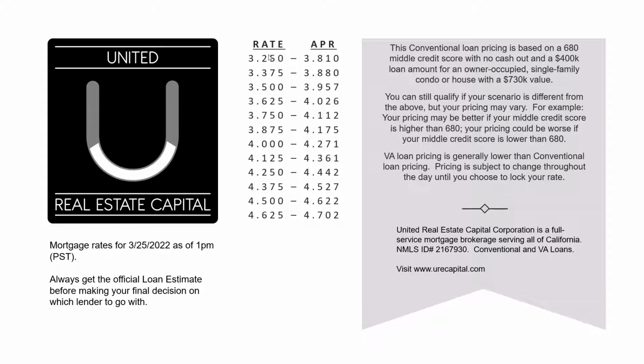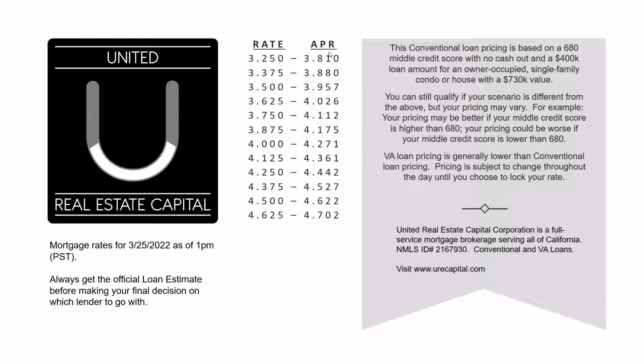So even though we just mentioned that this APR indicates there are a lot more fees associated with this 3.25 rate compared to this 4.625 rate, you'll notice that the APR of the 3.25 rate is lower than the APR of the 4.625 rate. This lower APR lets you know that over 30 years, this rate will save you much more money than this rate, even though you paid more in closing fees for this rate.